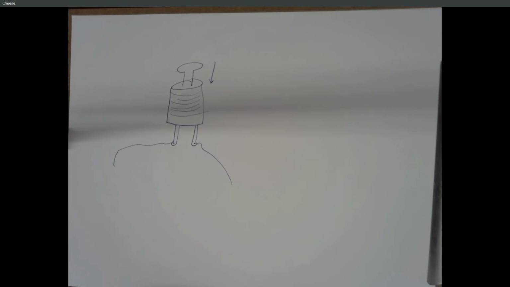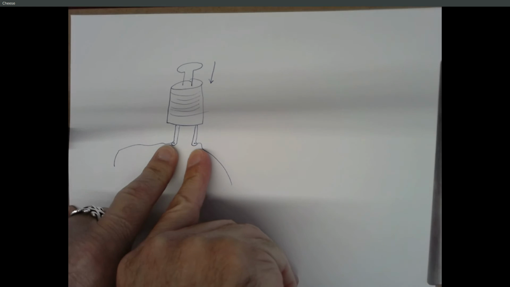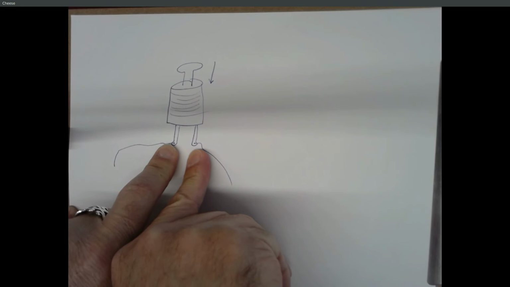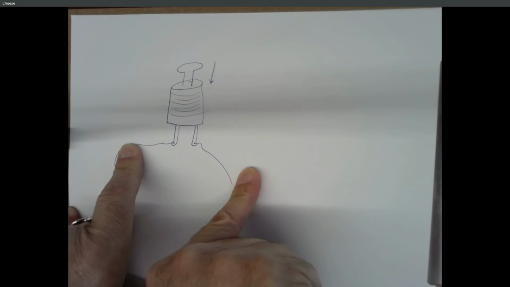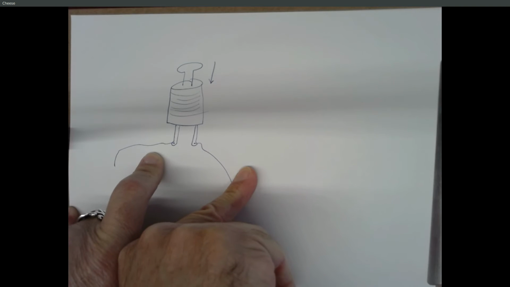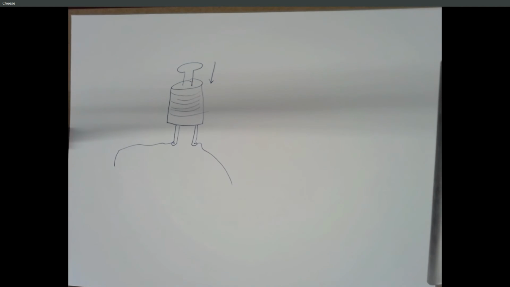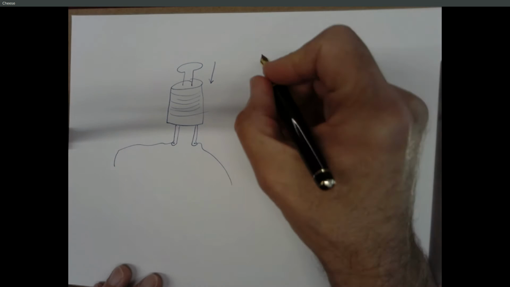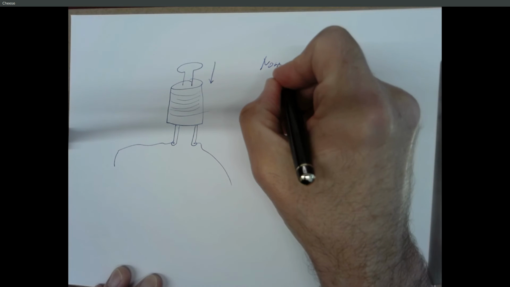It turns out with that switch, if you do not push the button, these 2 leads are electrically connected. And when you push the button, these 2 leads get disconnected electrically. It's a different kind of switch. So this kind of switch is called normally closed.